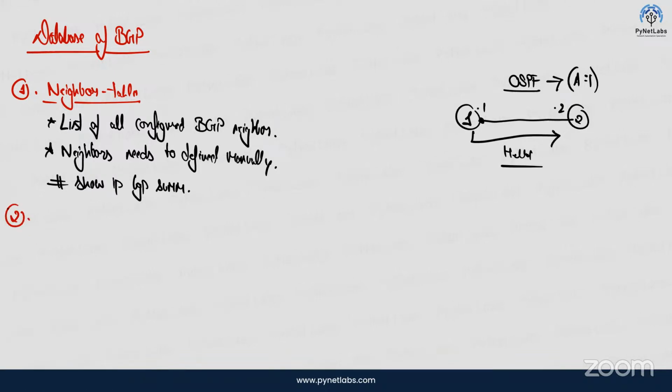The second thing we have is what we call the BGP forwarding table.